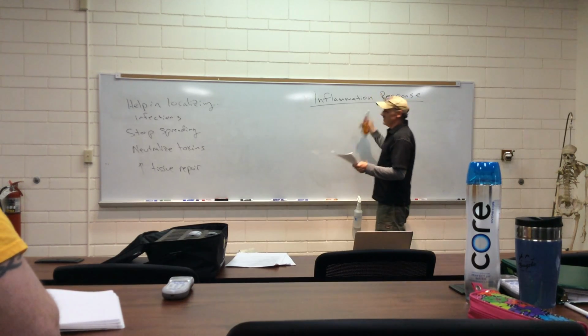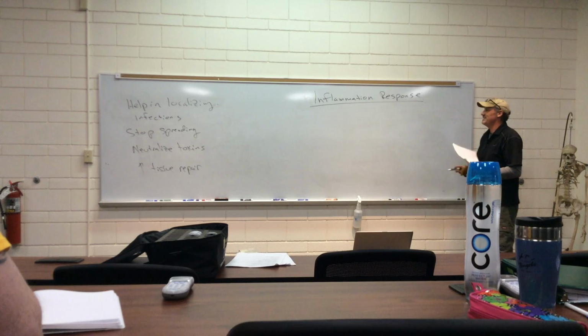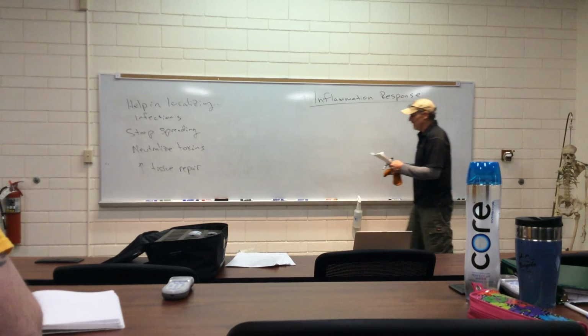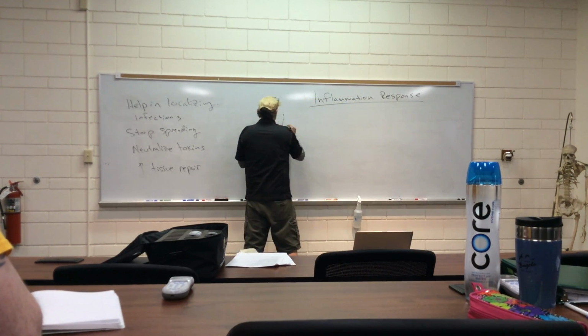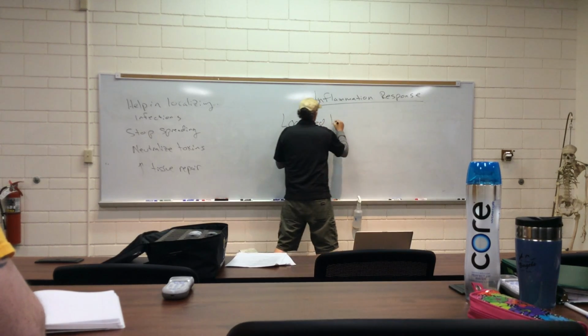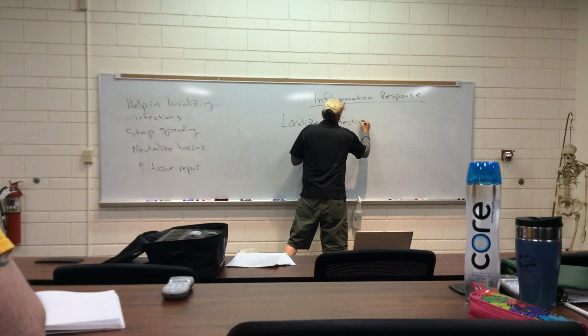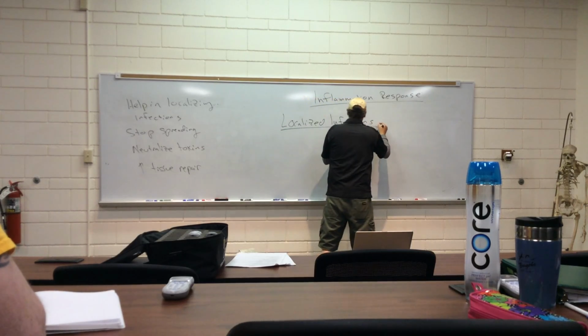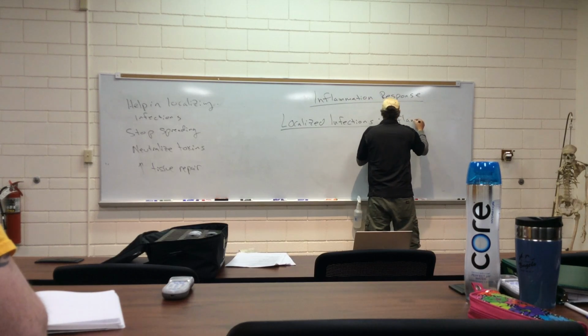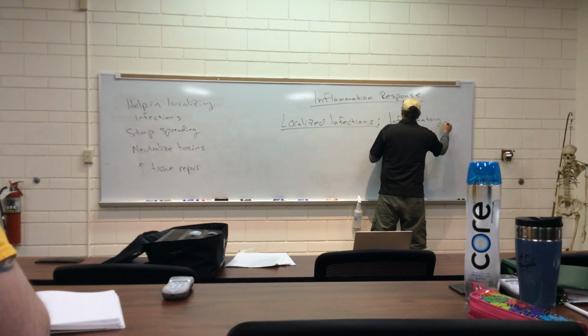So with our inflammation response, like I said, when we take a look at these close-up spots of these localized infections, what we end up getting is the beginnings of what we call inflammatory exudate.